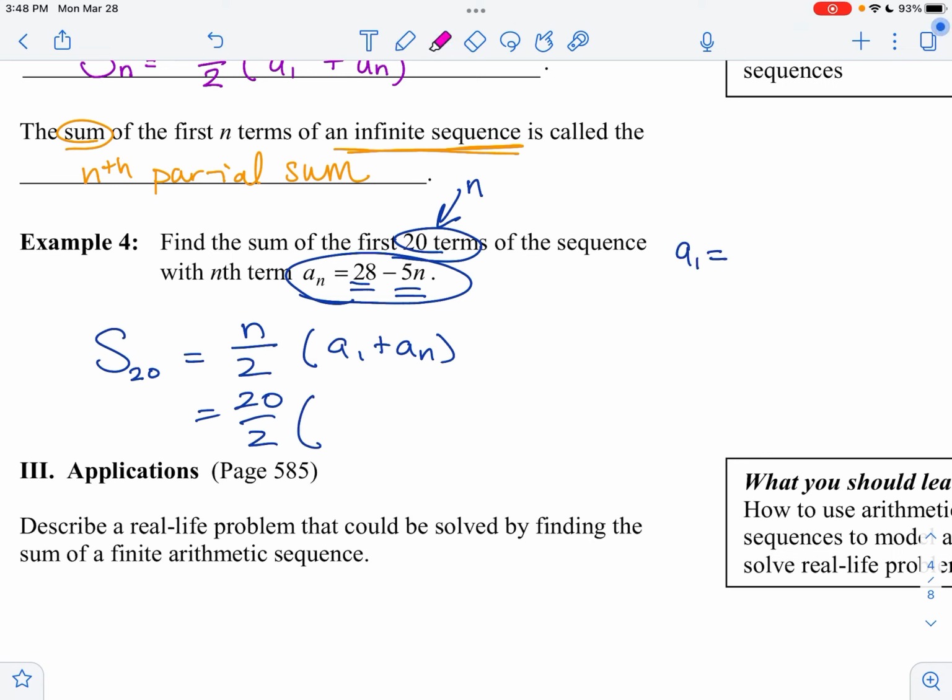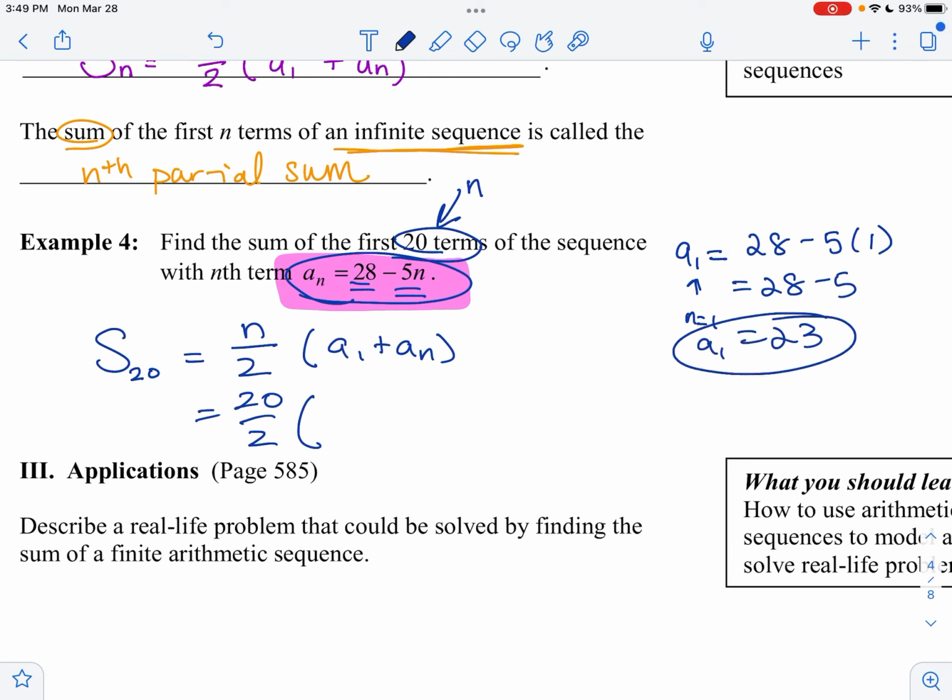We don't know it yet, but we know this can find me any nth term in the sequence. So if n equals 1, then we say 28 minus 5 times 1, which is 5, so that's 23. So the first term is 23, so we're going to replace that right here. And we're going to add where n is 20.